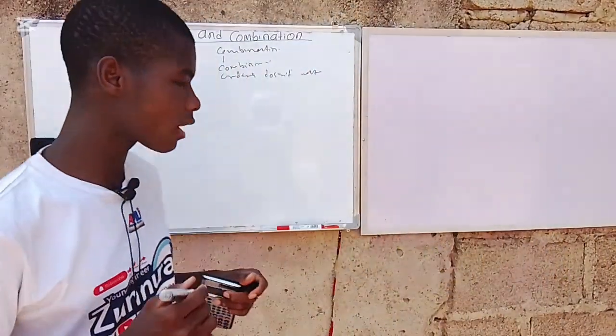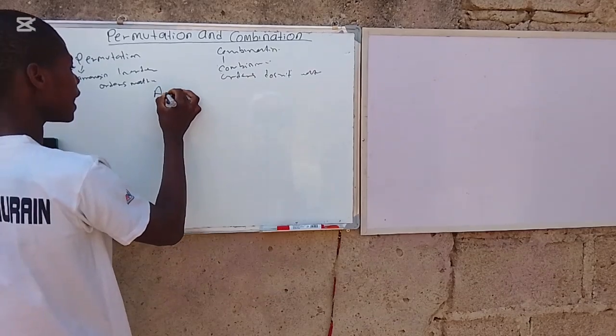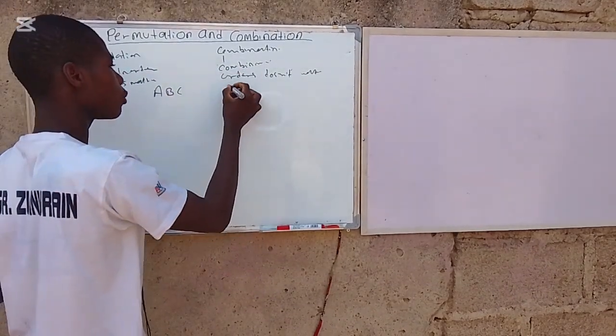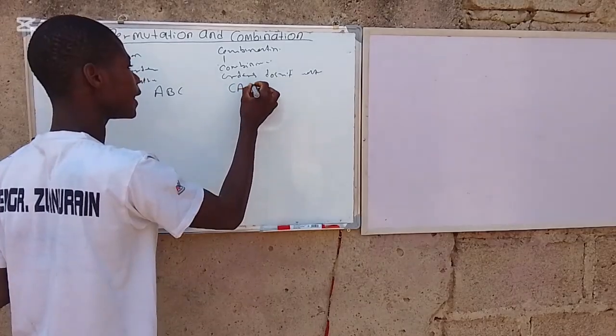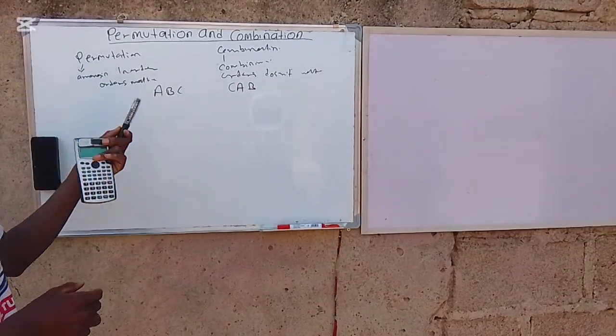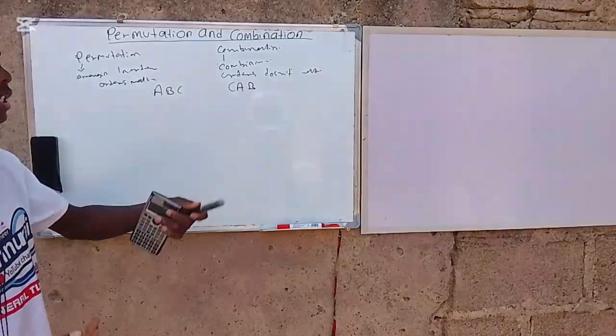So, I'm given A, B, C. The combination will now be C, A, B. So this is combination. As you can see, in permutation they are arranged in order, but in combination the order doesn't matter.